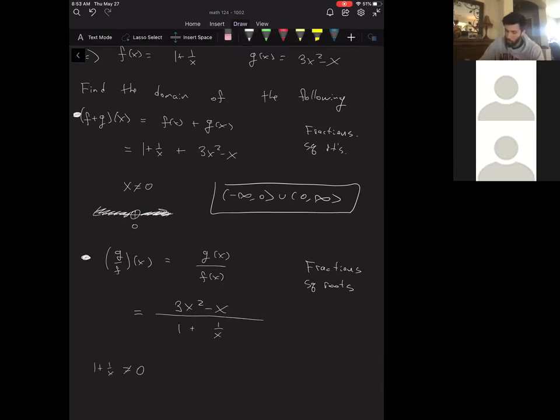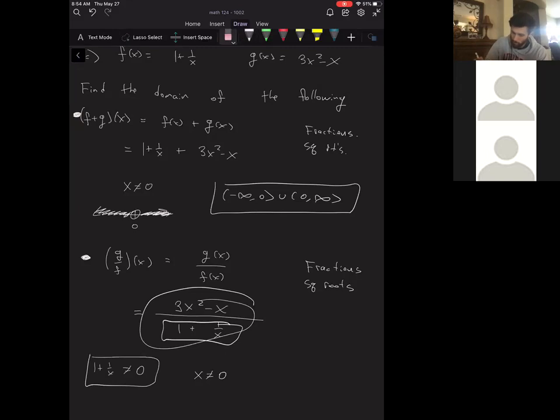The bottom of this fraction can't be 0, so x also can't be equal to 0. These two things that can't be equal to 0 are the bottoms of the fractions. So we have these two things to think about when doing the domain here.